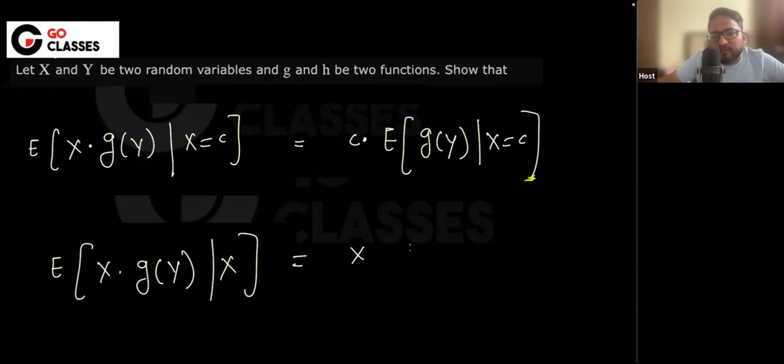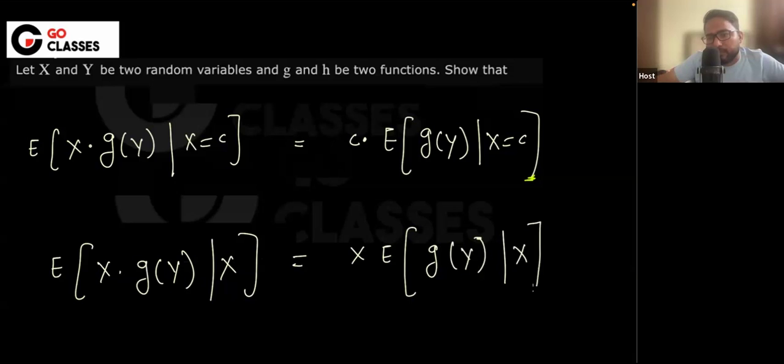If x value is c, then you will replace x with c in the RHS, like this. So this way is also okay. Here I'm putting x equal to c, but you can rewrite it as a function, which means if x is taking the value c, then it will be c, like that. I hope that is fine.